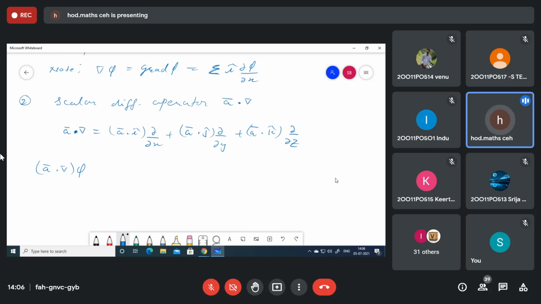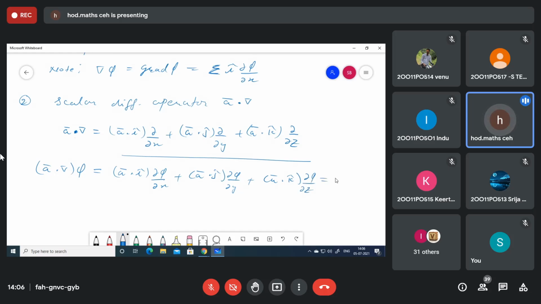So a bar dot del applied on phi. As I have written only phi, no vector here, this phi is a scalar function. When I apply it on phi, what will I get? a bar dot i cap dou phi by dou x, plus a bar dot j cap dou phi by dou y, similarly a bar dot k cap dou phi by dou z.